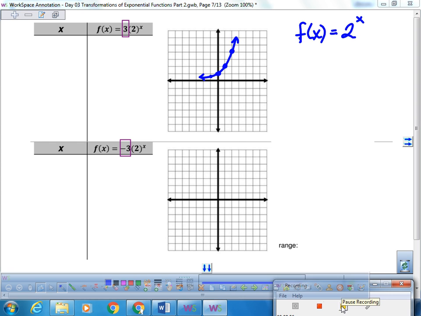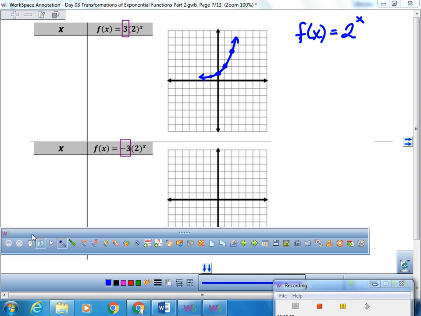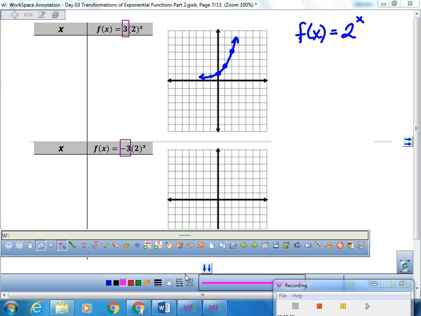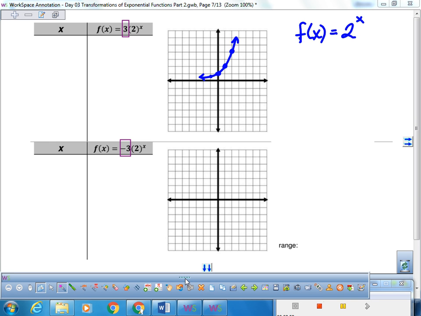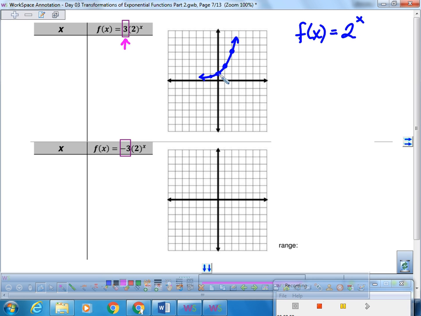So what you should have discovered is that what this number does is it stretches it by a factor of 3. So instead of starting at 0, 1, I'm going to go 3 times that, which is 1, 2, 3. And instead of going over 1 up 2, I'm going to go up 3 times that.